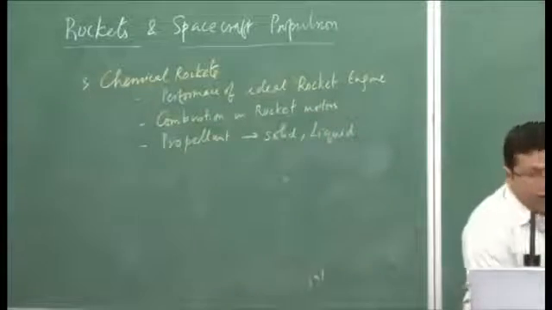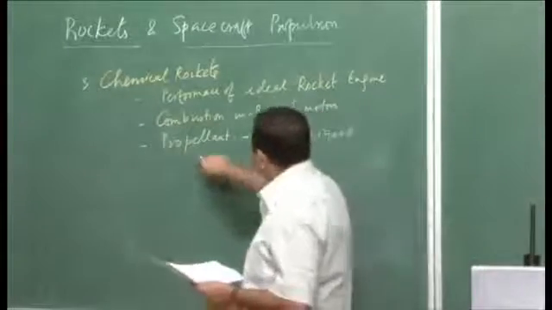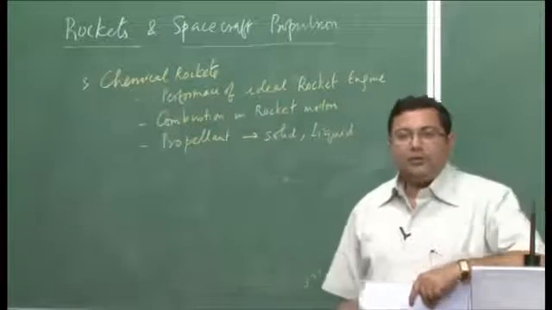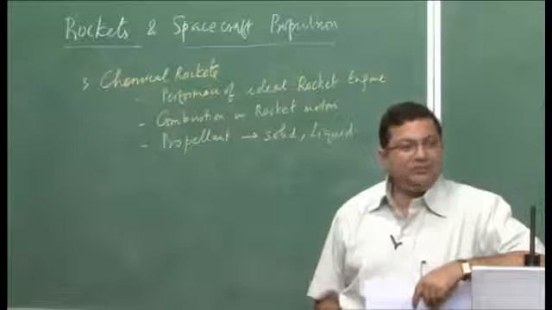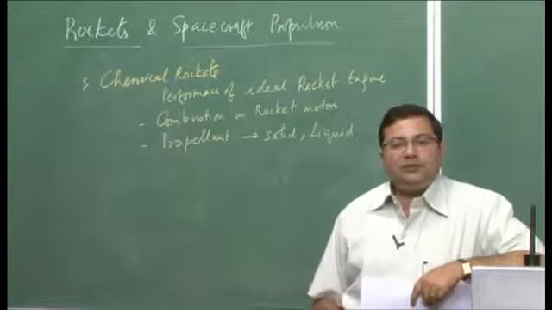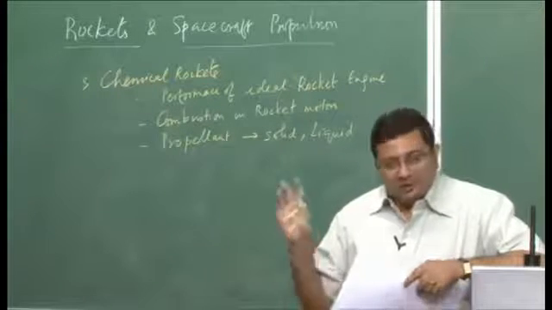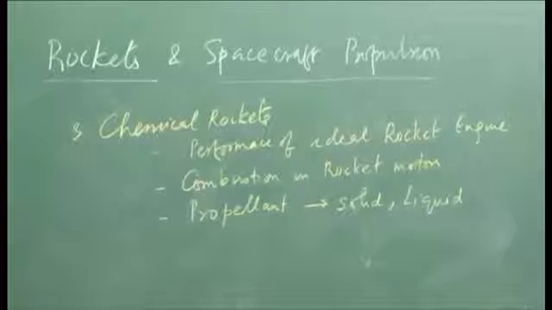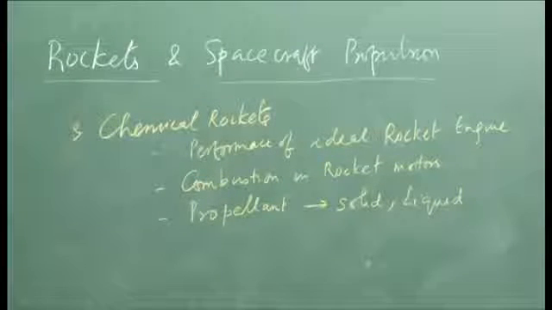Now, in this topic we essentially talk about production of high pressure and temperature using some chemical means, but that is not enough. The high pressure and temperature gases which are produced in a chemical rocket need to be expanded through a nozzle.